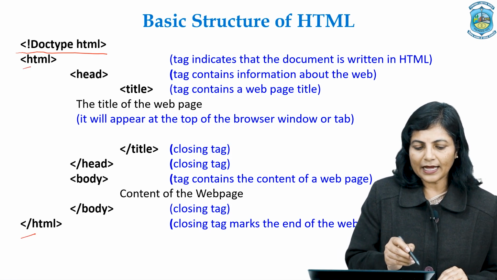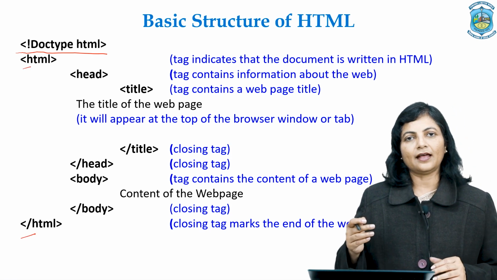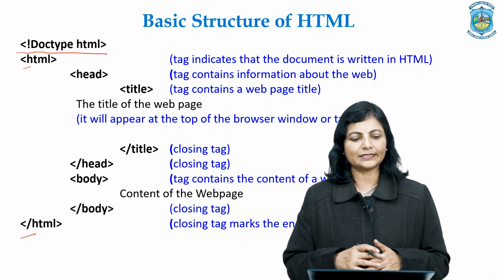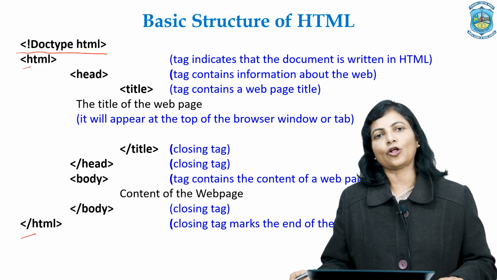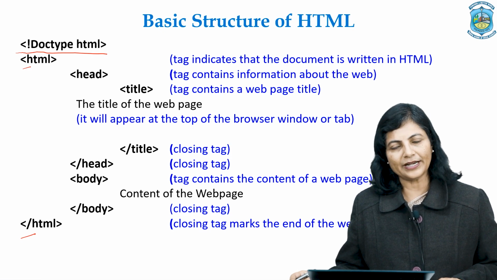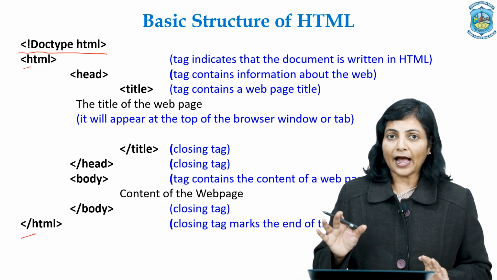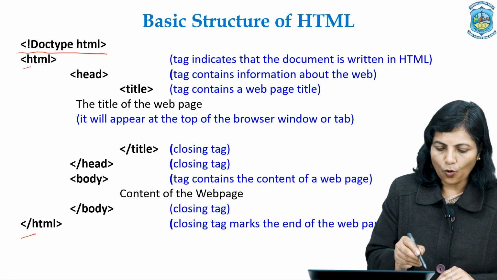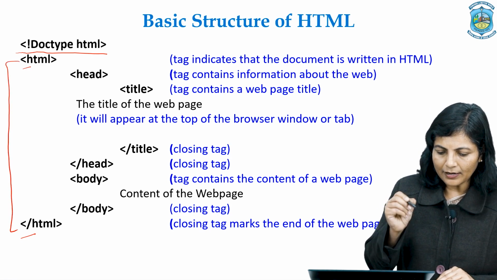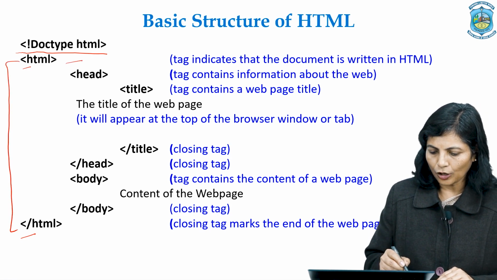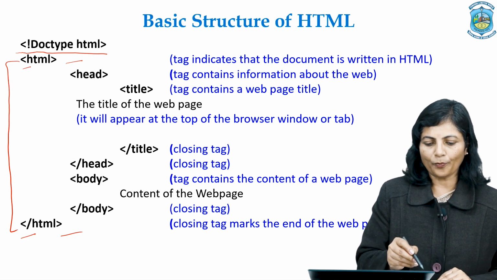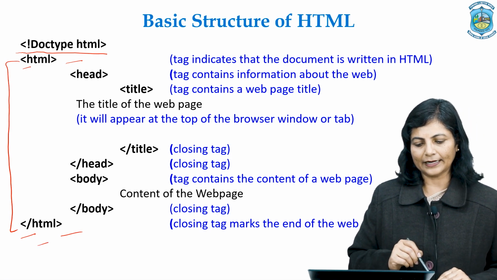Now you can see that these tags are enclosed within angular brackets. These are also known as reserved words or predefined words. So the entire web document should be enclosed within the HTML opening tag and closing tag. This is the opening tag and this is the closing tag.